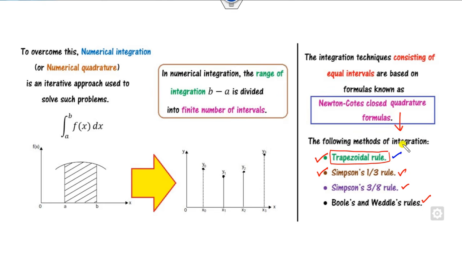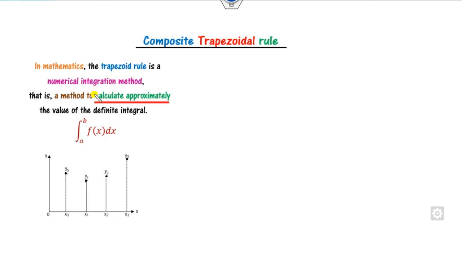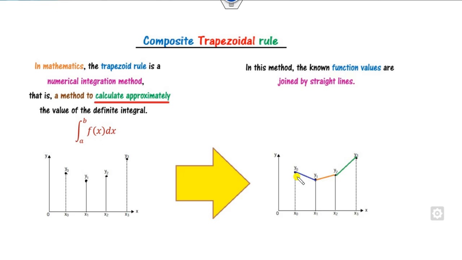So what is the trapezoidal rule? Basically the trapezoidal rule is a numerical integration method used to calculate the approximate value of this integration. How can you do that? How does the composite trapezoidal rule work? You can see you have discretized the domain from x0 to xn. If you join these points by straight lines, then the method is called the composite trapezoidal rule.